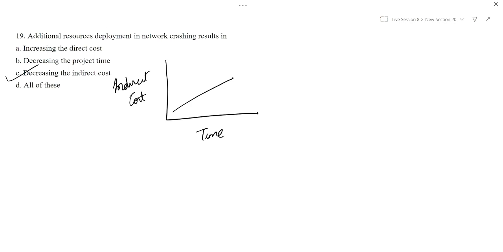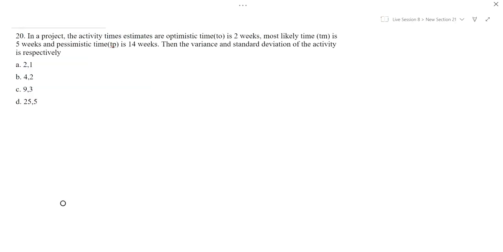Now the next question, in a project activity times estimate are optimistic time is 2 weeks, most likely time is 5 weeks, and pessimistic time is 14 weeks. Then the variance and standard deviation for the activity is respectively, so we know variance is pessimistic time minus optimistic time by 6, whole square.